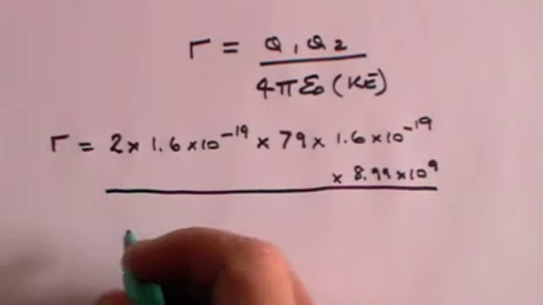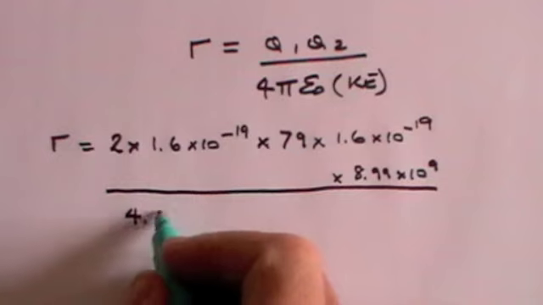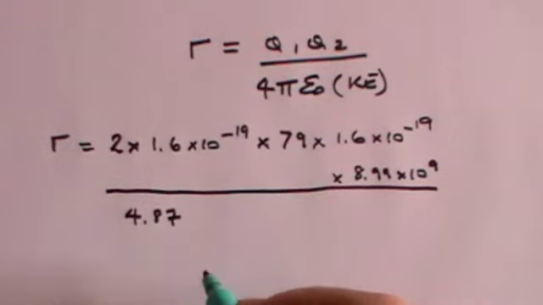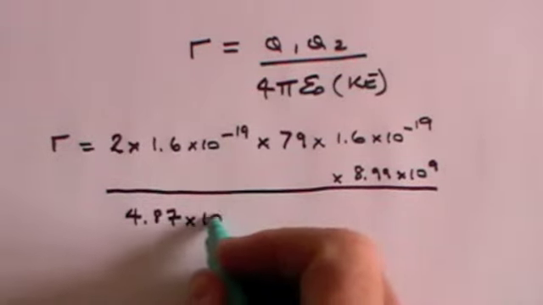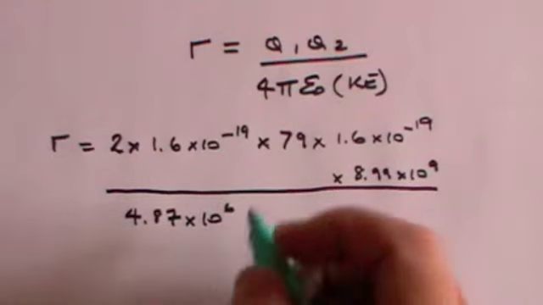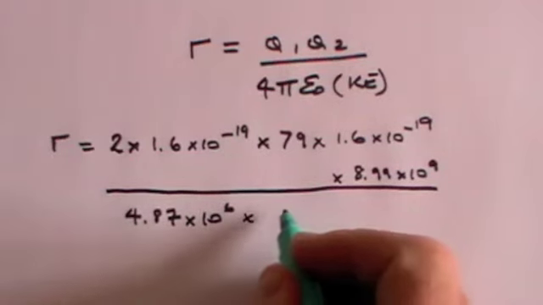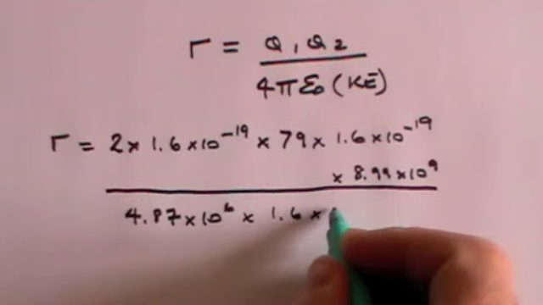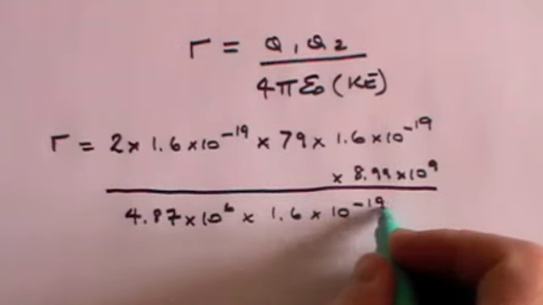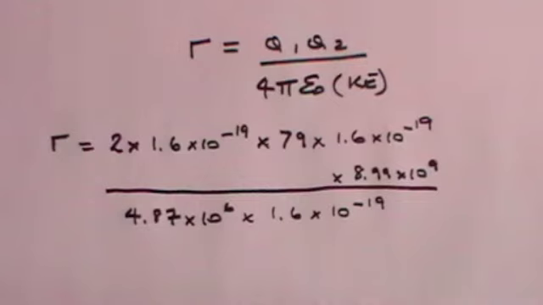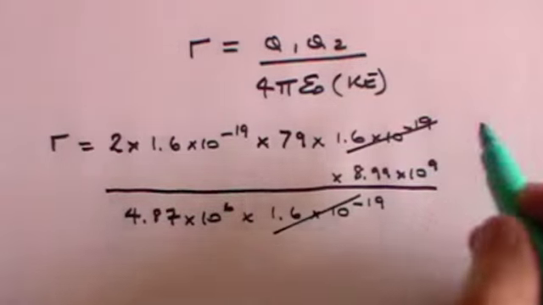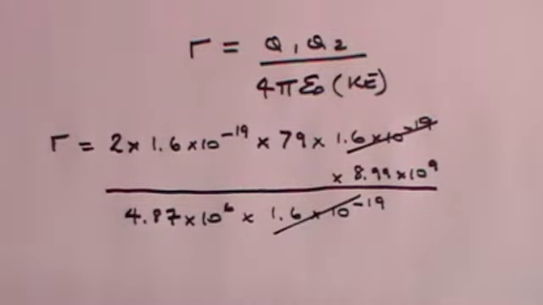Well, the kinetic energy, you remember, was 4.87 MeV. Well, to convert that to eV, you have to multiply by 10 to the 6. And to convert that into joules, you need to multiply by 1.6 times 10 to the minus 19. And you'll notice now that one of the 1.6 times 10 to the minus 19 terms cancels out.